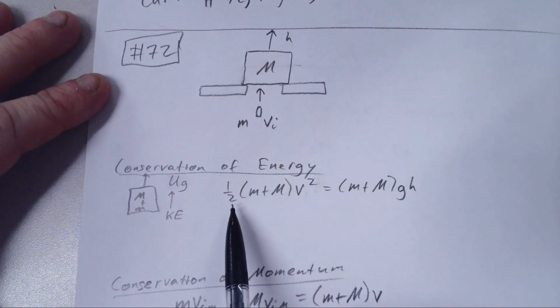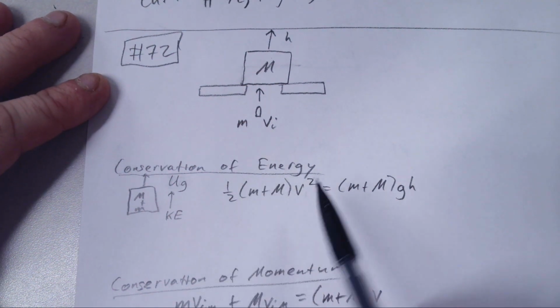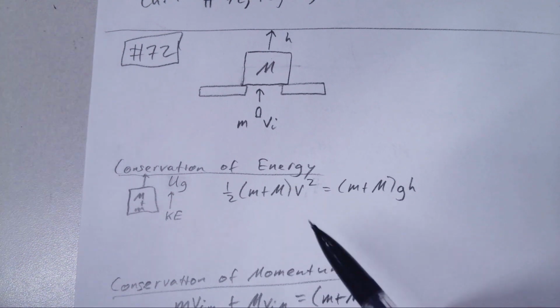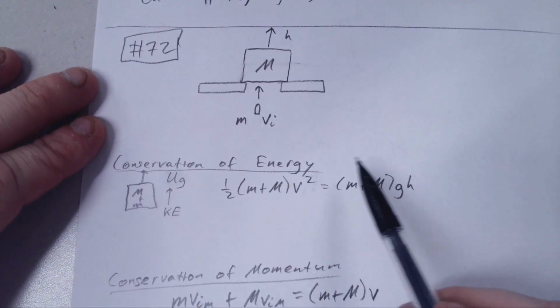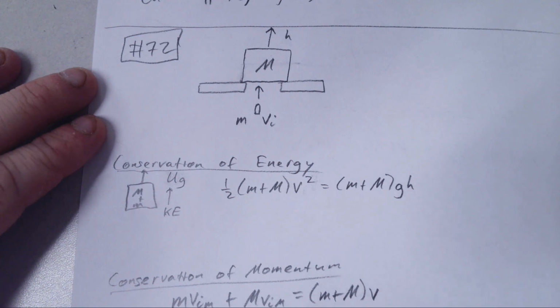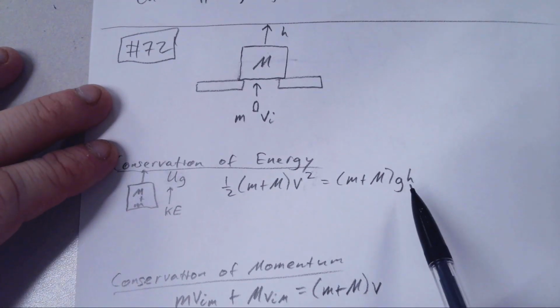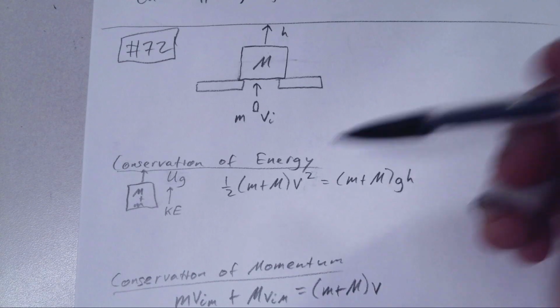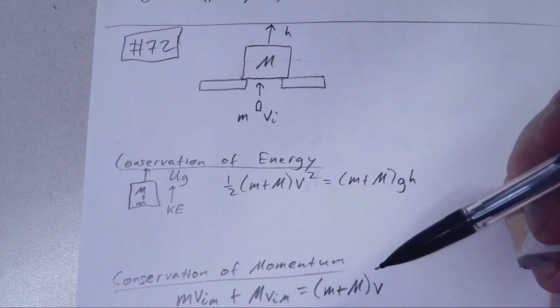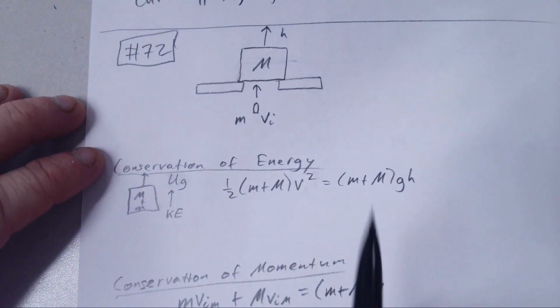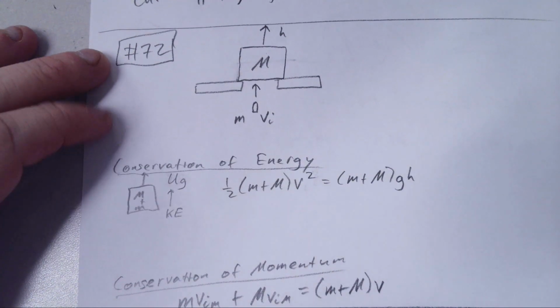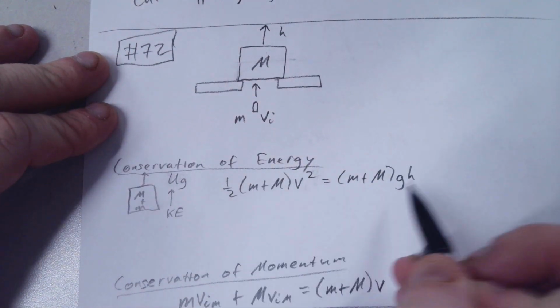So if we take 1/2 times the combined masses times the velocity squared and have that equal the combined mass times gh, we can use that to solve for this velocity. Let's rearrange.